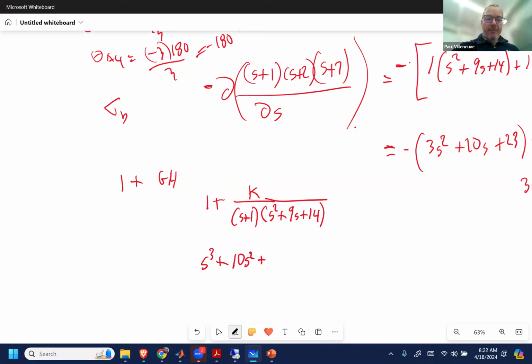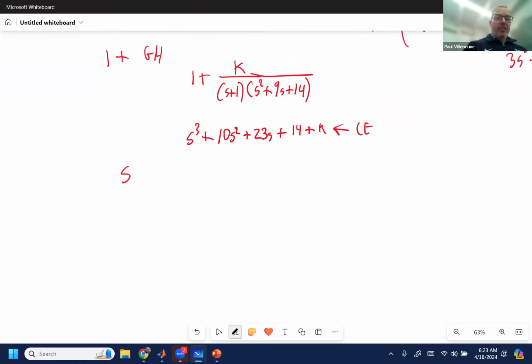So now I'm going to do my Routh-Hurwitz approach. S cubed, S squared, S1, S0: 1, 23, 10, 14 plus K. This is minus 1/10 times 14 plus K minus 230.